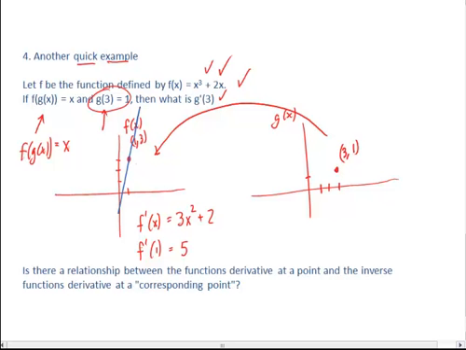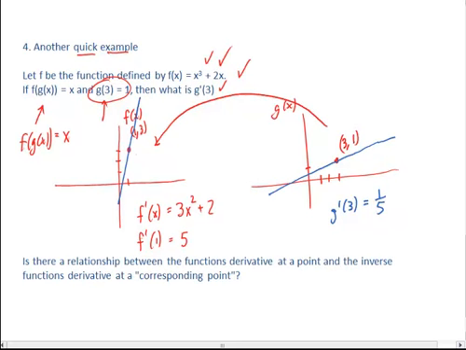So that if that line had a slope of 5, then when I came over to this point, I would have a slope of, you guessed it, the derivative at 3 would have a slope of 1/5, because of the rule that the derivative at corresponding points is a reciprocal of the derivative of the function at the original point.